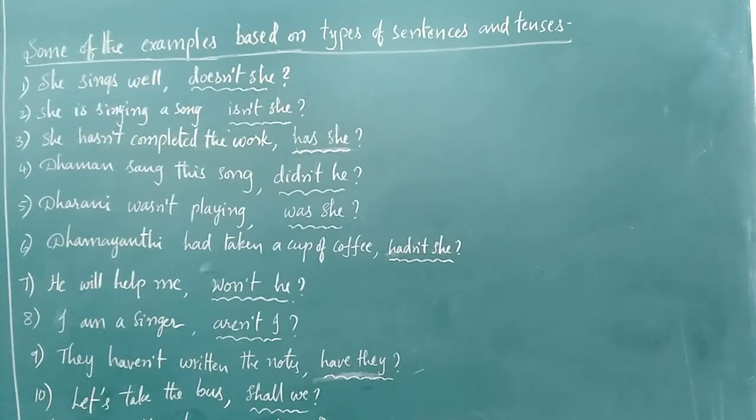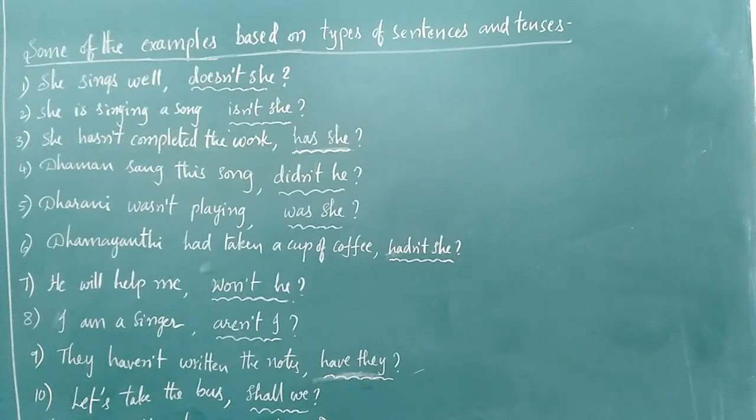Since it is past tense, we use did there. So it is didn't he. And the fifth sentence, if you observe, Dharani wasn't playing. Was is the helping verb here. Of course, the given sentence is a negative sentence. That's why the question tag we need to write is always positive only. Was she is the question tag here.